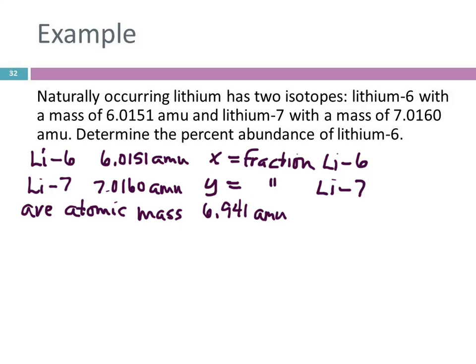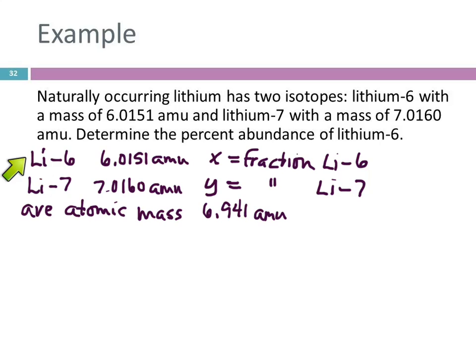So x is the fraction of lithium-6, y is the fraction of lithium-7. Thinking about percentages, because that might be easier to think about, if you have two isotopes, what do their percent abundances have to add up to? 100%, right?